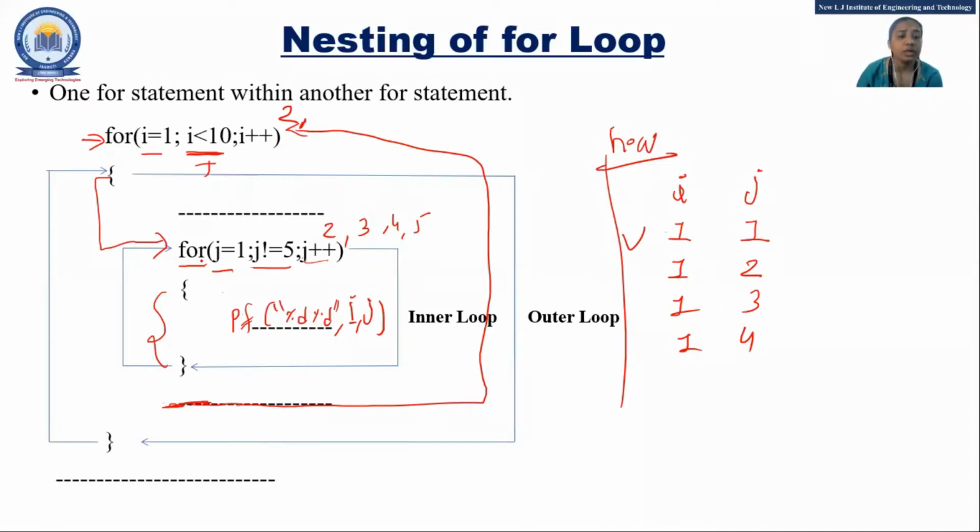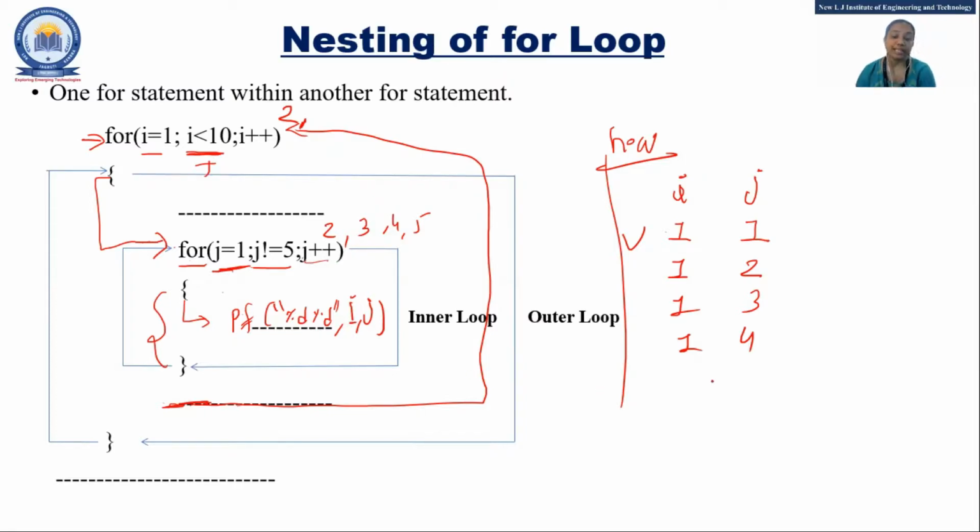Now again this for will be executed and j will be initialized with 1. So you can see that j equal to 1, j not equal to 5, yes, j plus plus. So it will go inside printf percentage d, percentage d, i, j.